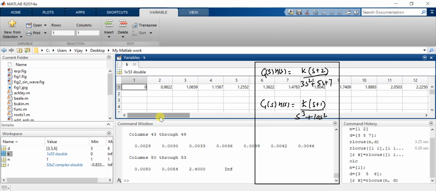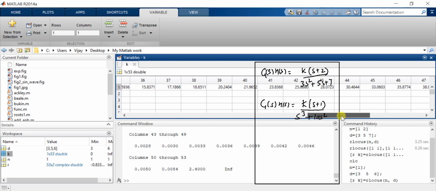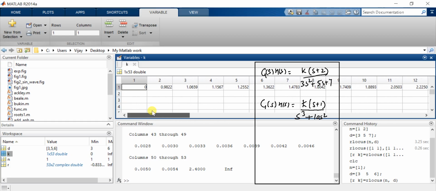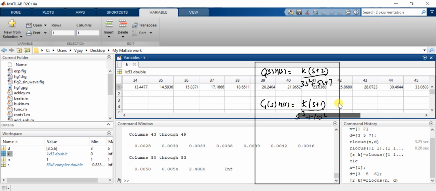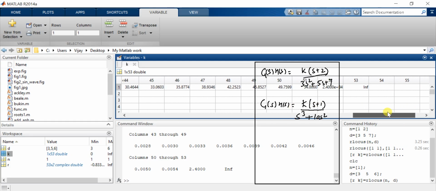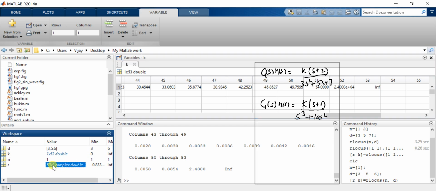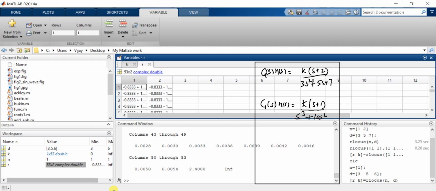K is the gain, which varies from 0 to infinite. As you can see, the gain is varied from 0 and then further increased till infinite. You can see here that at the 53rd location an infinite value of the gain is considered, and these are the root positions for the particular value of gain.